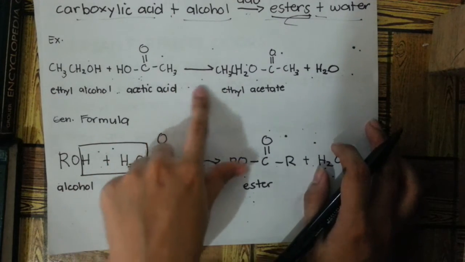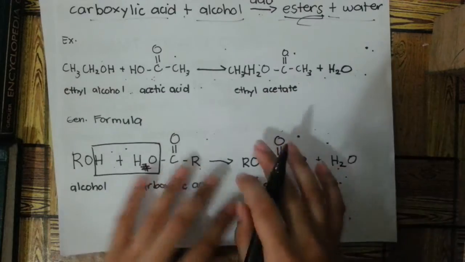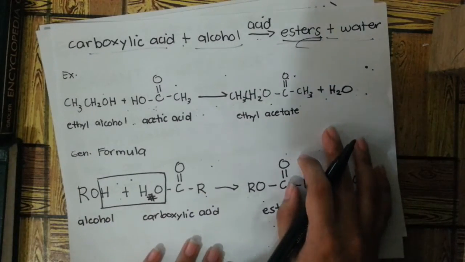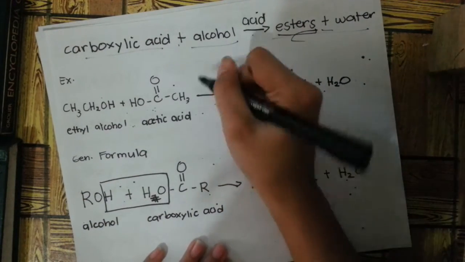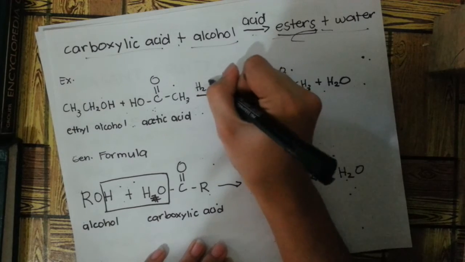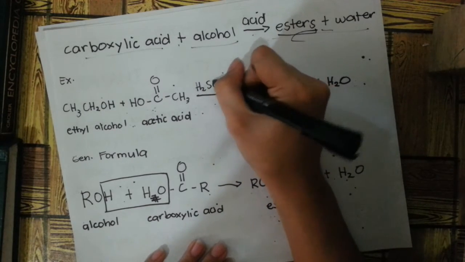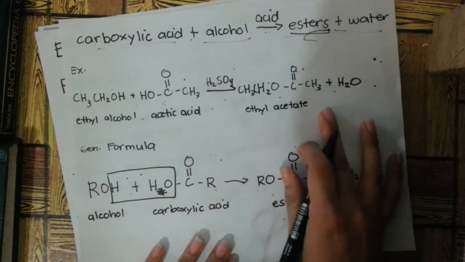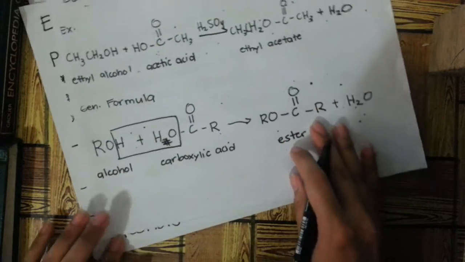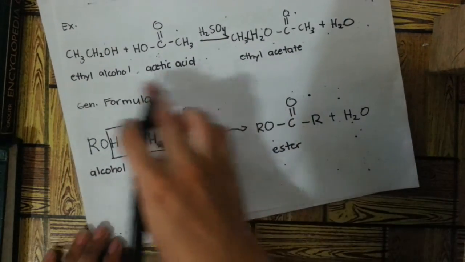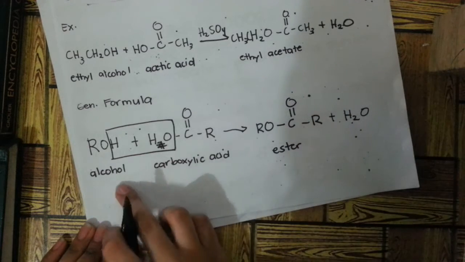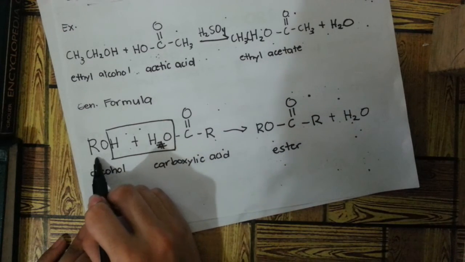One of the examples used as an acid catalyst in esterification is sulfuric acid, or H2SO4.